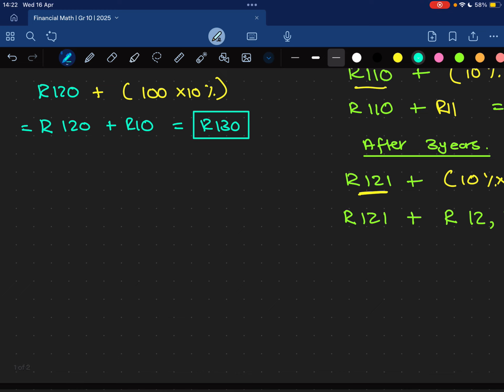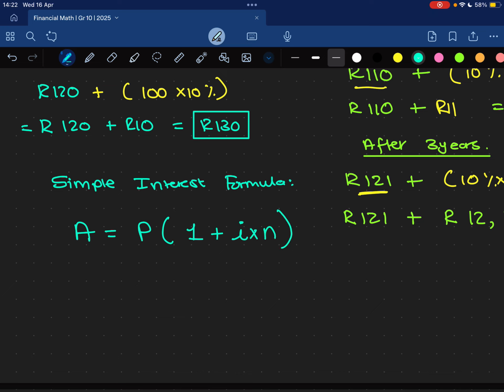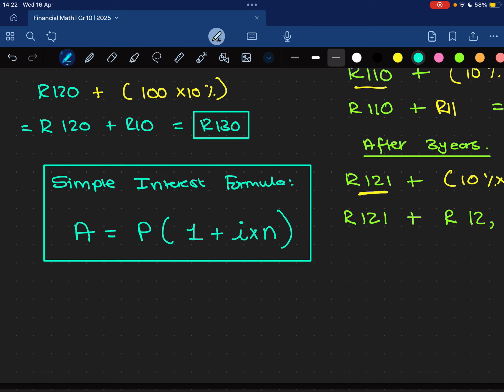So for the simple interest, there's a formula that you must learn. And that formula is A is equal to P, brackets 1 plus i times n. I'll explain what each one represents now.